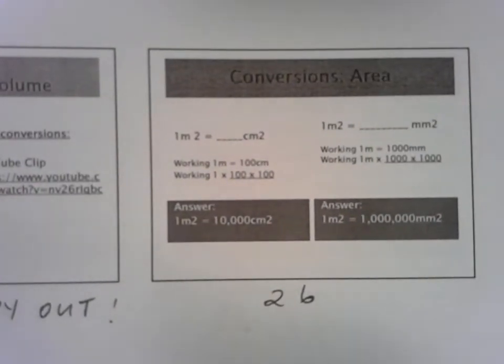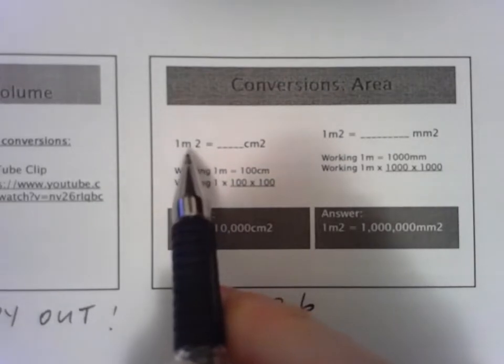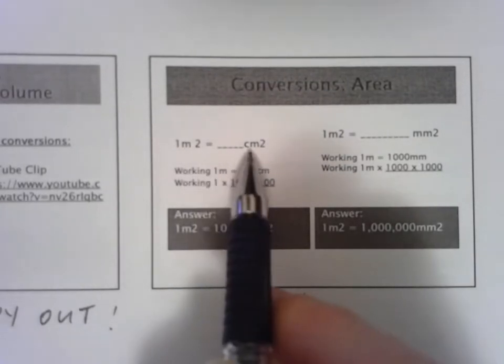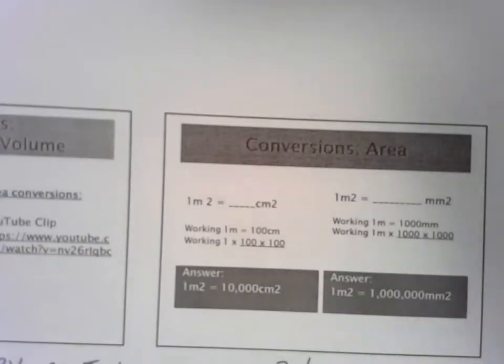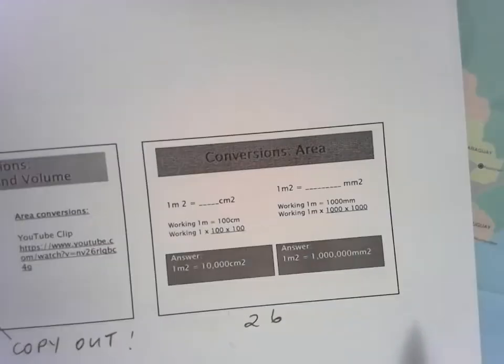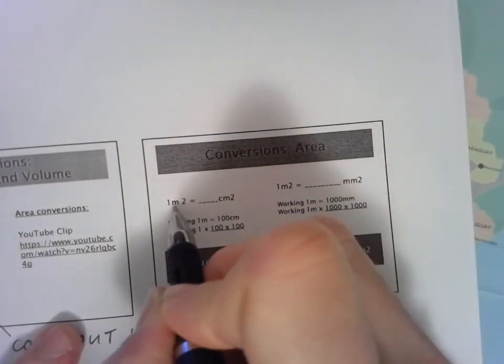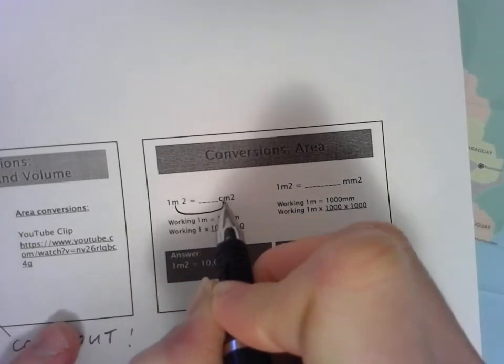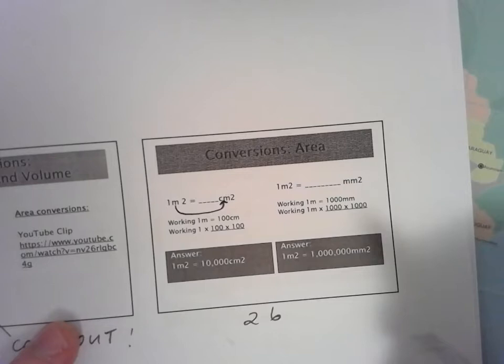Alright, going back to the first question, this is the way I would think through it. I would go, 1 metre squared equals how many centimetres squared? So in class I've been saying this process. If you are converting from metres to centimetres, what is your magic number?